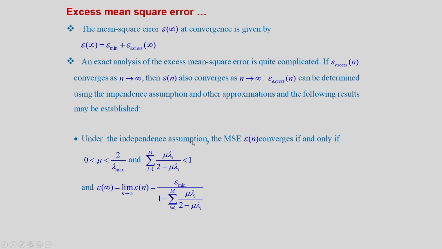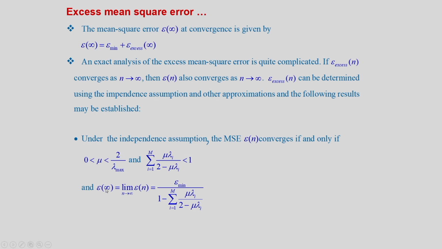Under the independence assumption, the MSE epsilon n converges if and only if mu lies between 0 and 2 by lambda max, and, this is the additional condition, summation of mu lambda i divided by 2 minus mu lambda i, going from 1 to M, is less than 1. Not only this condition is to be satisfied, this condition also is to be satisfied.